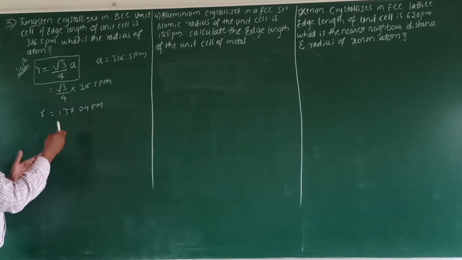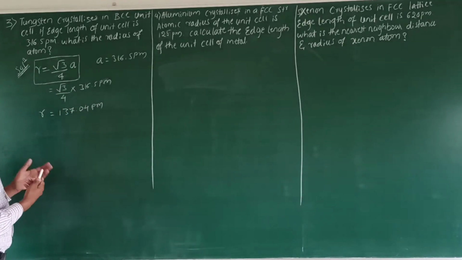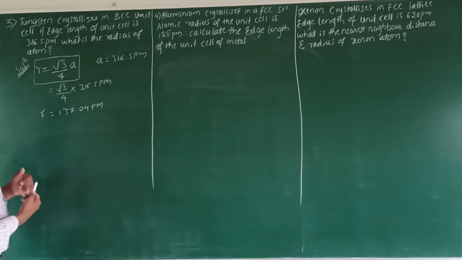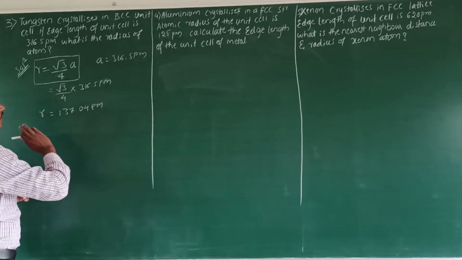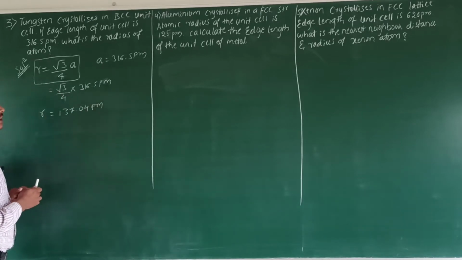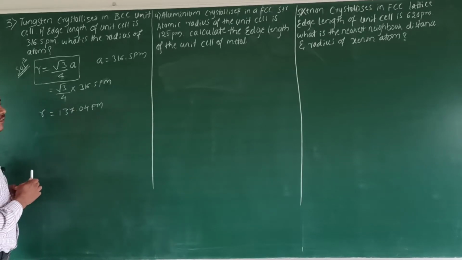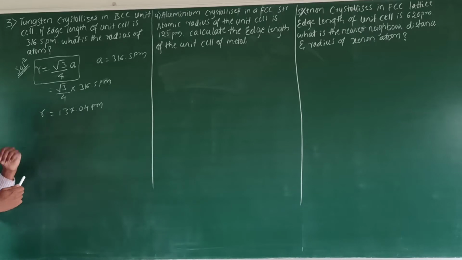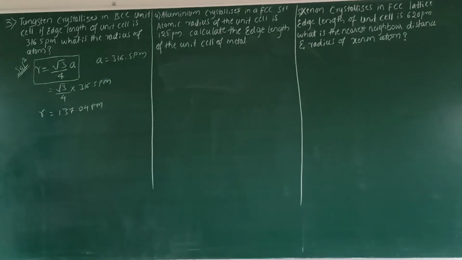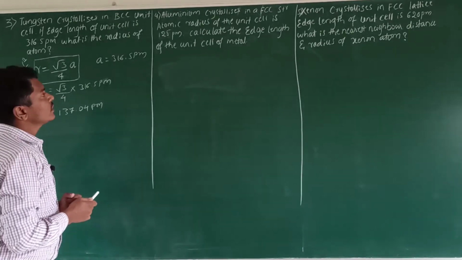Root 3 we calculate with the help of a calculator, and we get root 3 divided by 4 into 316.5 picometer. We are getting 137.04 picometer radius. Got this?